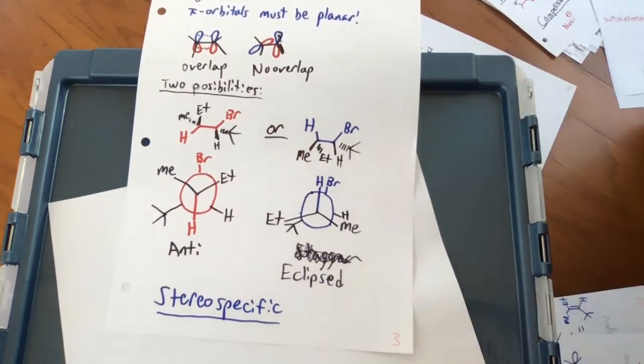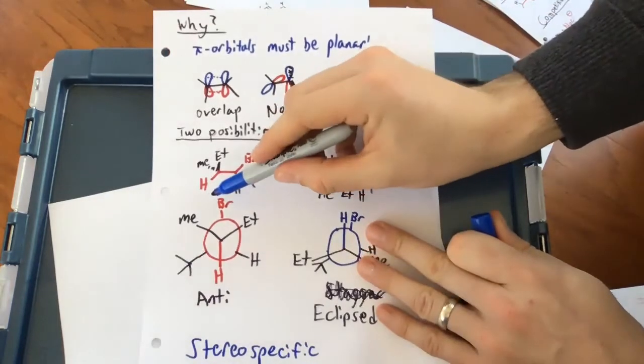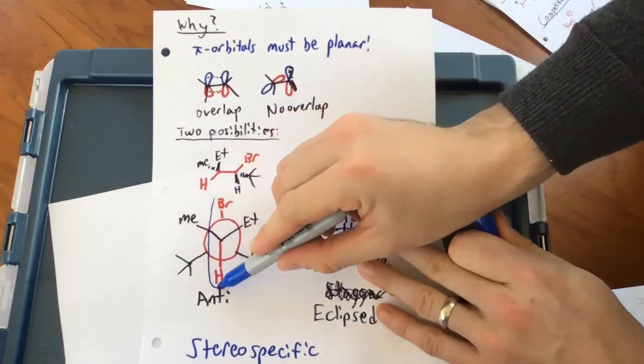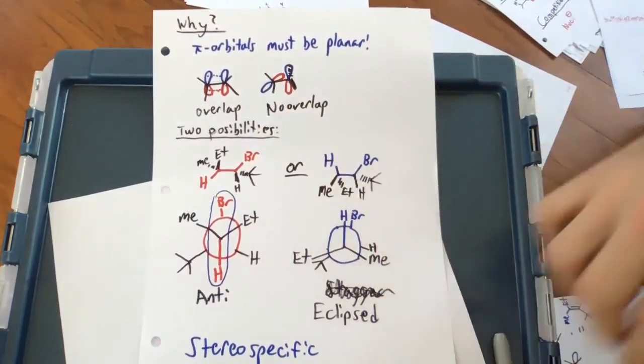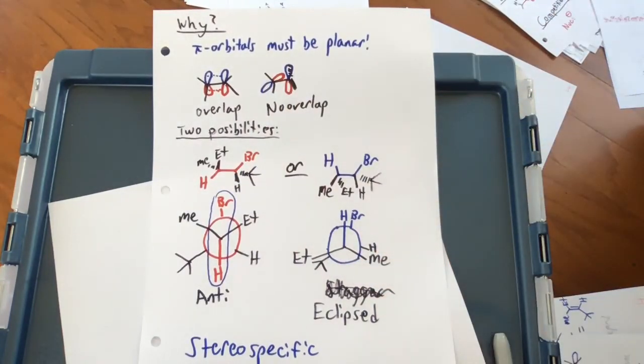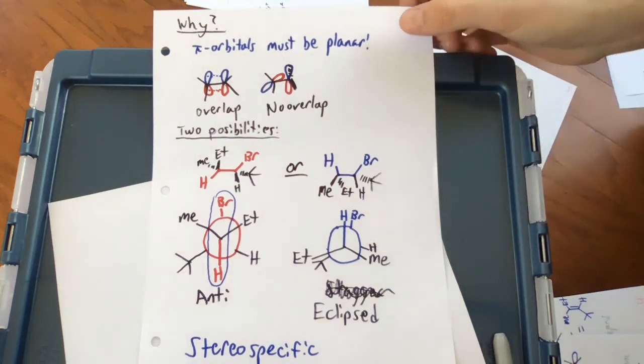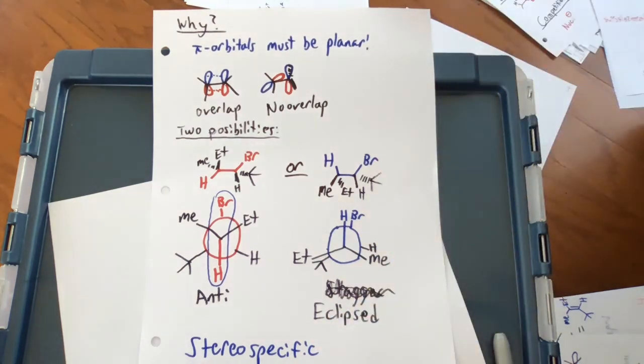And I'm just going to outline this in blue so you can see it better. You have to have an anti-planar configuration in order to have E2 elimination. And because you have to have this, and you only get one product from the reaction, we call that stereospecificity.